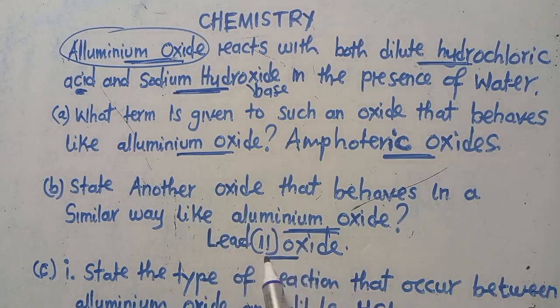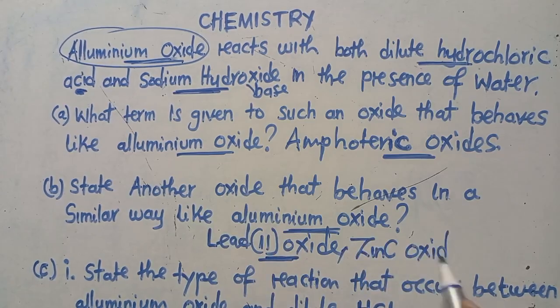So you tell them lead oxide. There is also zinc oxide as an example. Aside from zinc oxide, we can also look at beryllium hydroxide as another example. There are quite a lot, so you just need to understand them. These ones are the common ones that you are supposed to know.